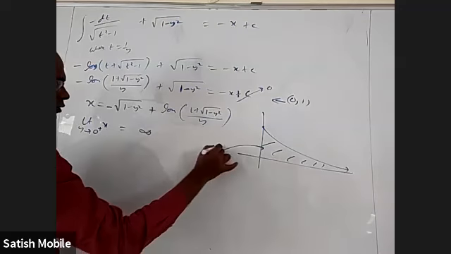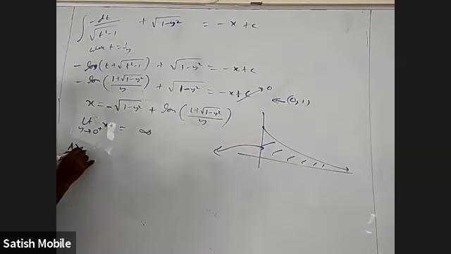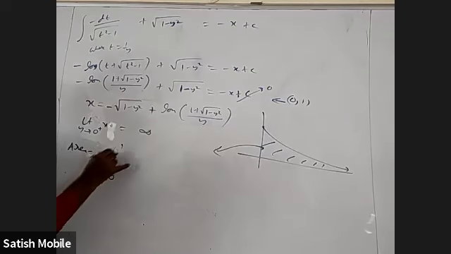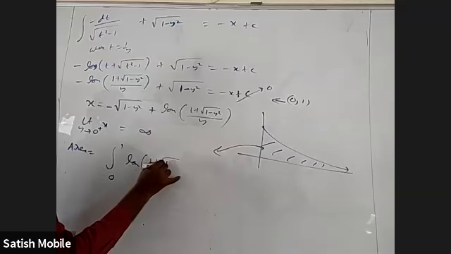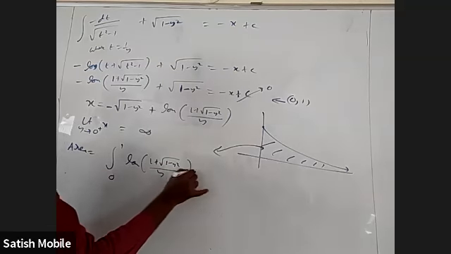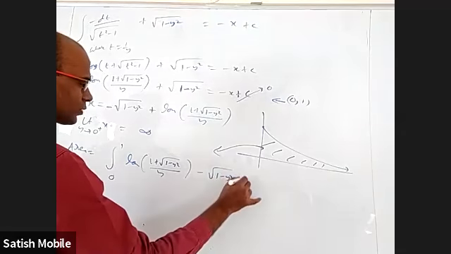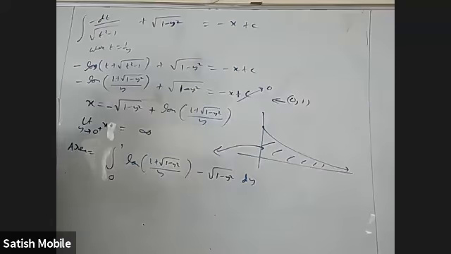So this area, if we want, is integral 0 to 1 of this whole thing, log of 1 plus root 1 minus y square by y, minus root 1 minus y square, dy. Integration itself is going to be a little difficult because of the log thing here.